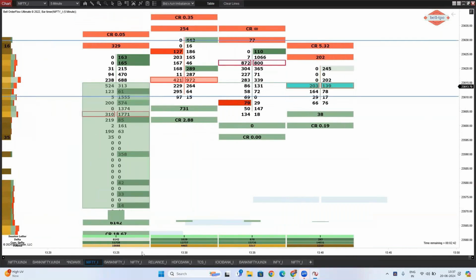Look at this particular bar. We are seeing some absorption as well, like 1066, 872 on both sides. Kind of absorption. Absorption and price breaking down is good. That means some smart money had entered around that level.